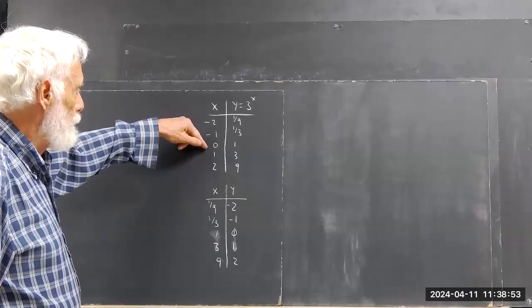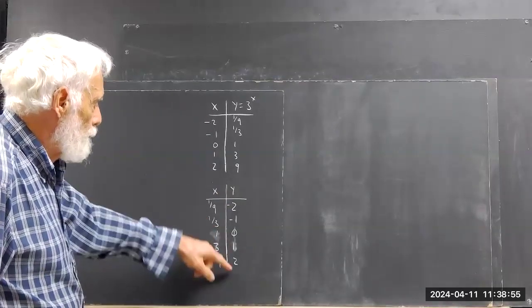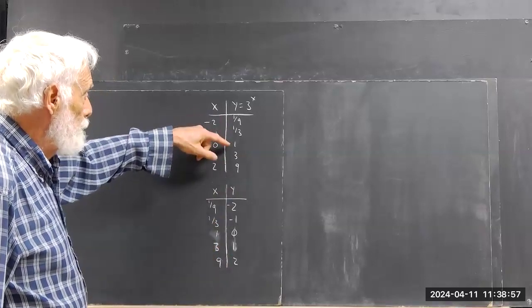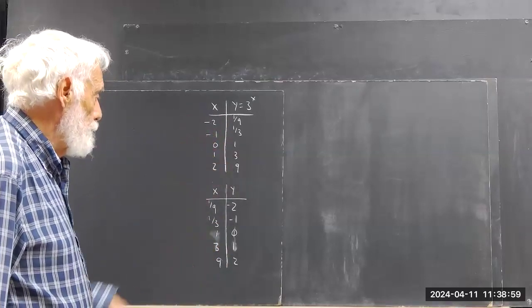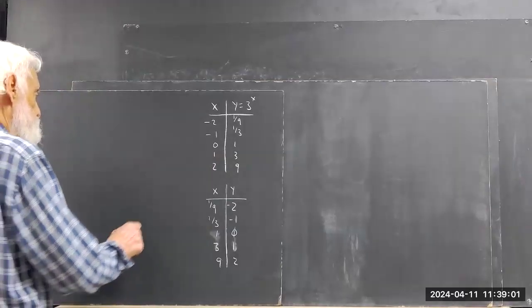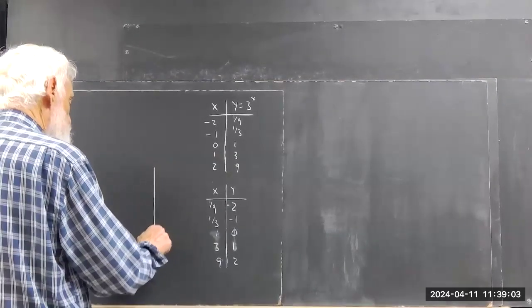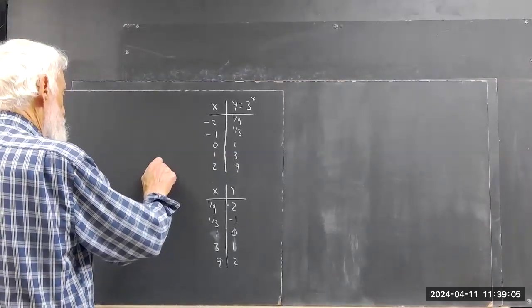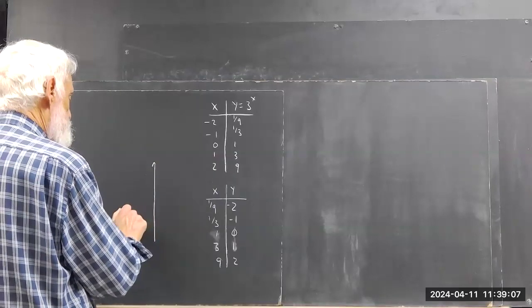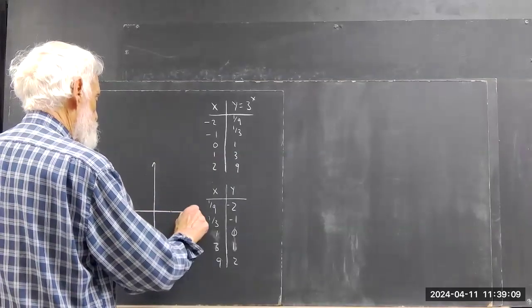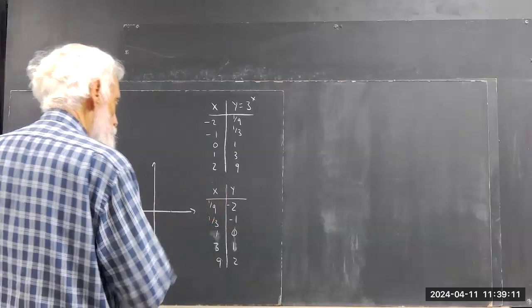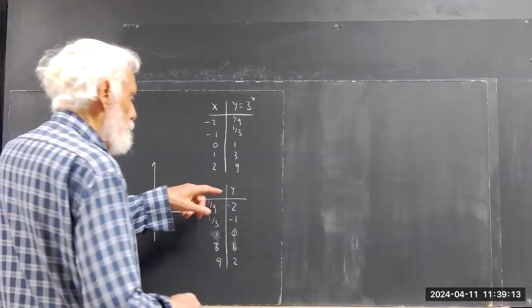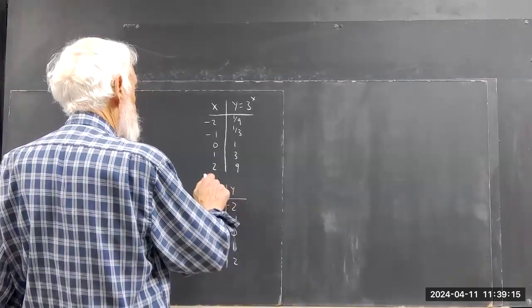So -2, -1, 0, 1, 2 goes over in the y column. 1/9, 1/3, 1, 3, 9 goes in the x column. This is the inverse function.